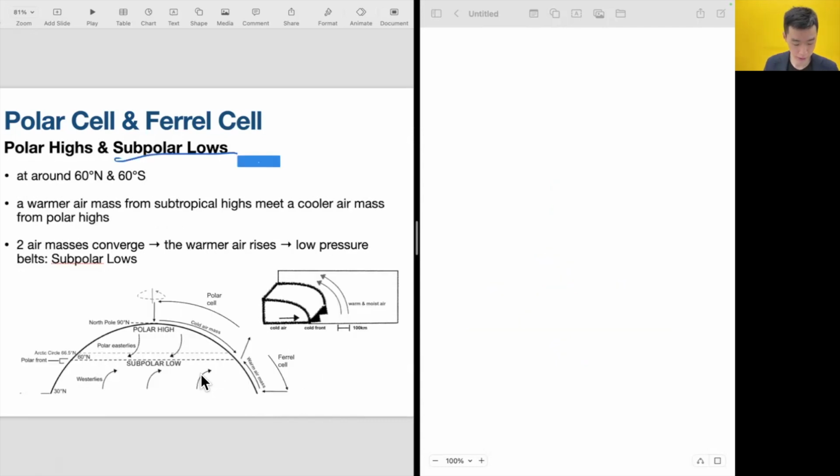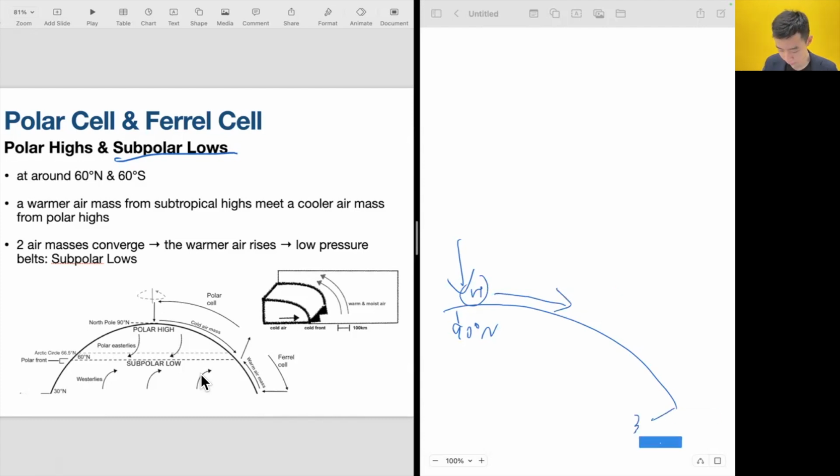Subpolar low is actually low pressure at around 60 degrees north and south. When we have the sinking air from 90 degrees north, high pressure, it travels further down to a lower latitude region. At 30 degrees north, we have relatively warmer air from the equatorial region, also traveling north around 60 degrees. So when the cold air mass from the 90 degree meets the relatively warm air mass from the 30 degree subtropical region, the cold air mass is colder, heavier, denser.